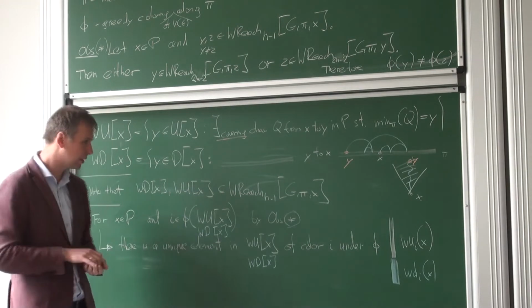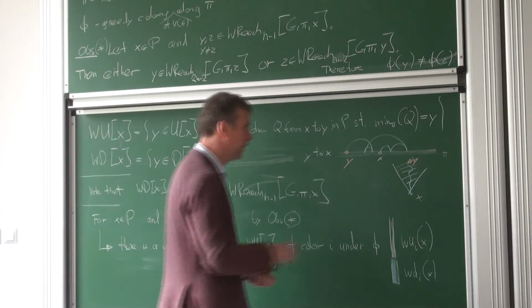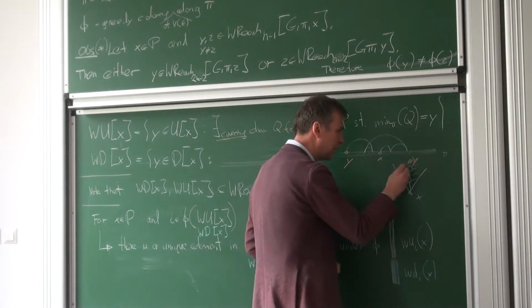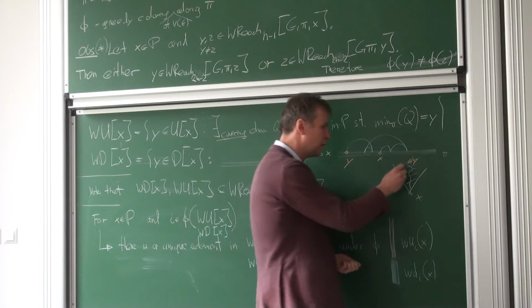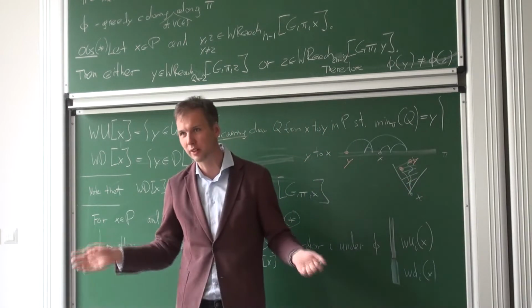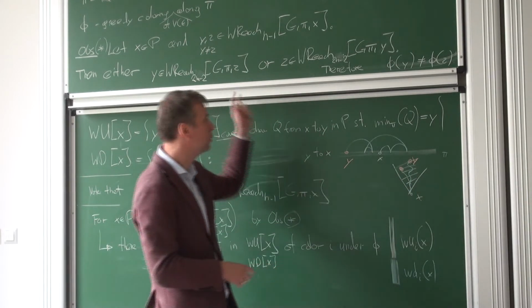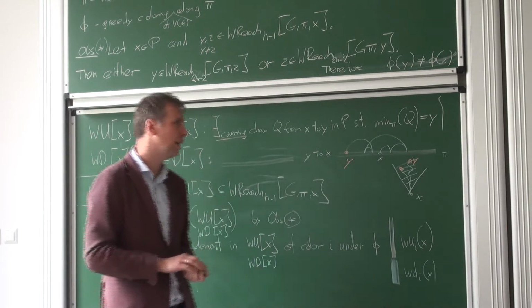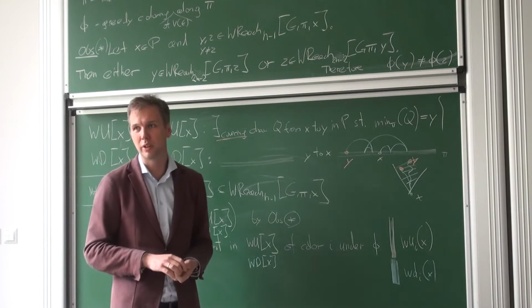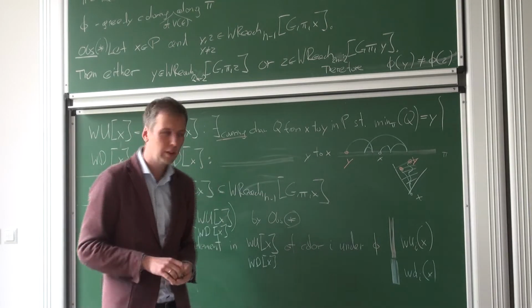And this is indeed true, because if I have an orange element and another orange element, and both of them are in the weak upset, then these two witnessing paths combined would give us that one is reachable from the other, and so they cannot have the same color under our coloring.